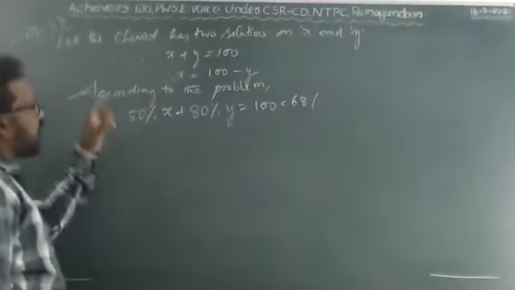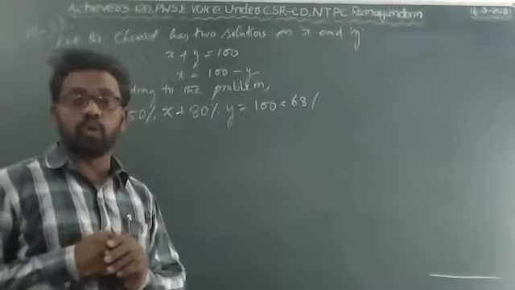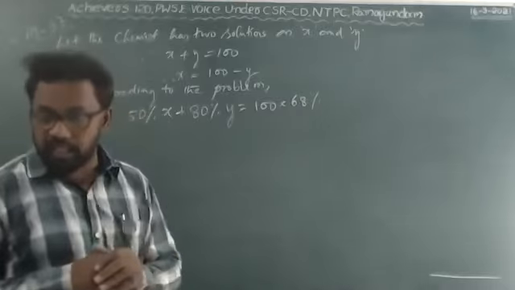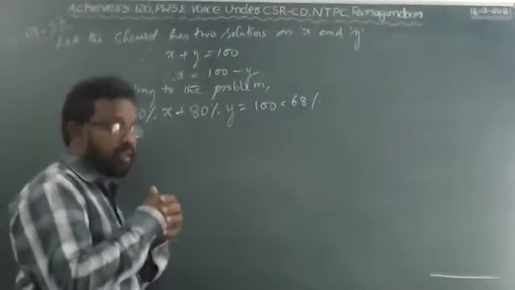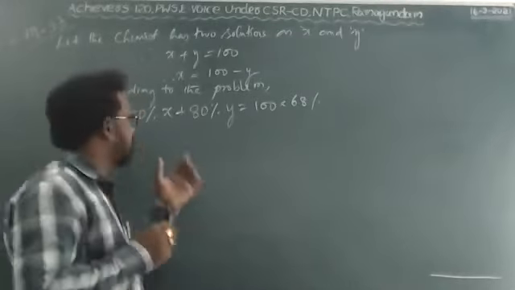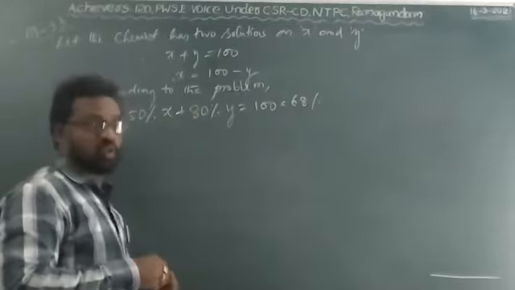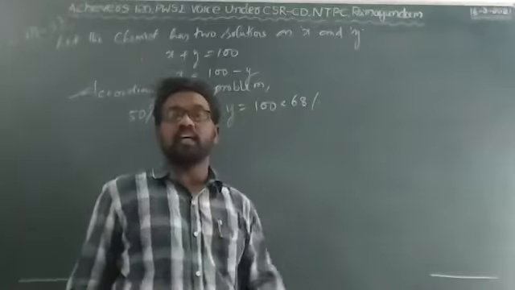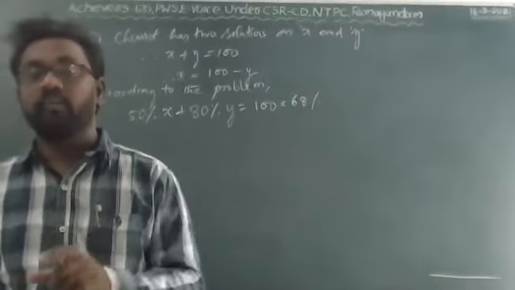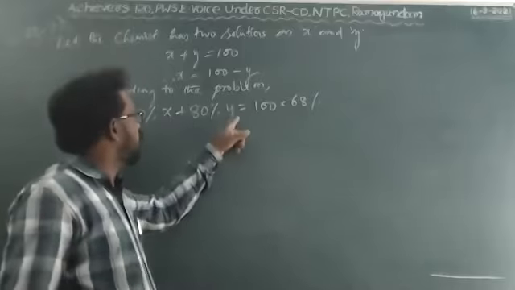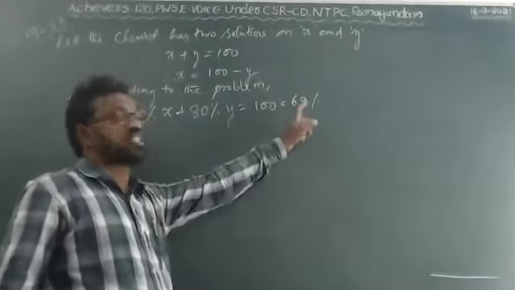According to this problem, the chemist has two solutions of hydrochloric acid. How much of x and y is he using so that we get 68%?